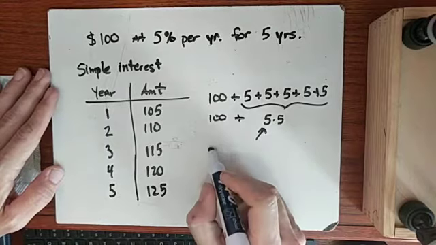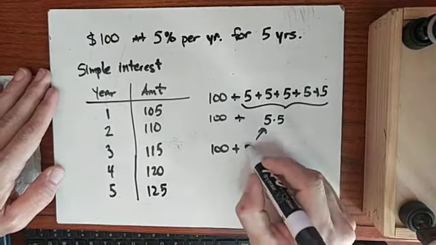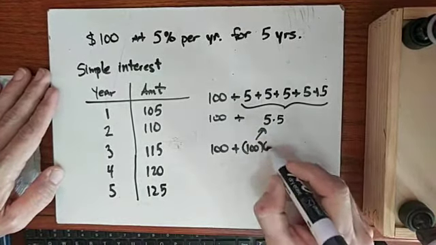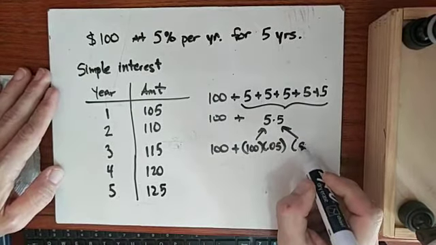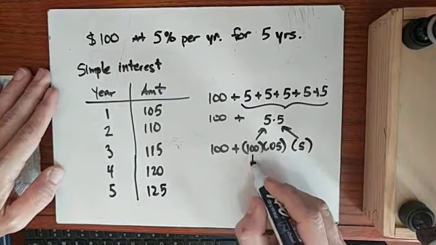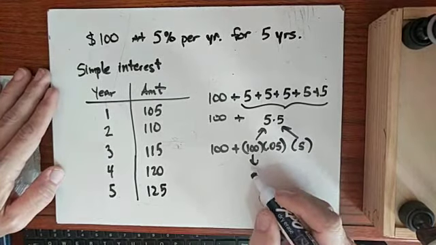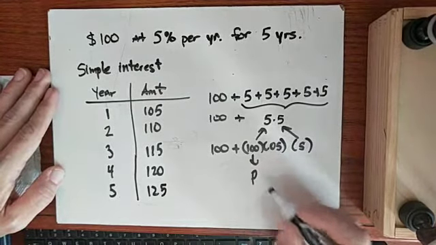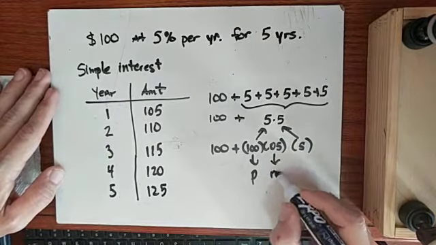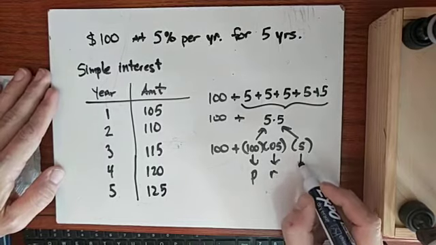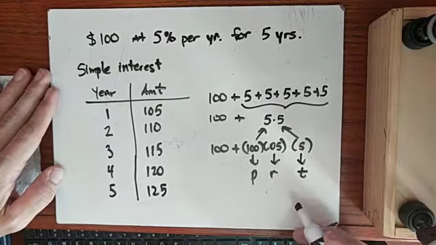Well, this 5 came from taking 100 and multiplying by 5%, and this 5 came from the number of years, right? So this first $100 is called the principal. P stands for principal. This is called the interest rate, and 5 is the time, okay?